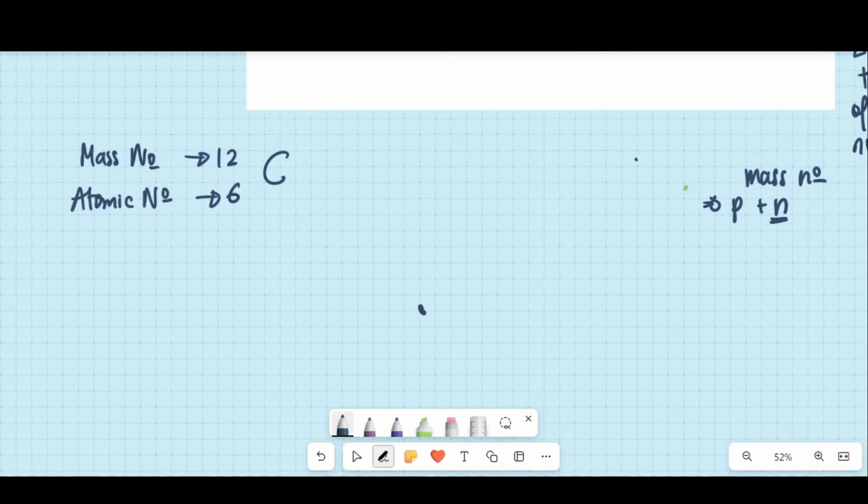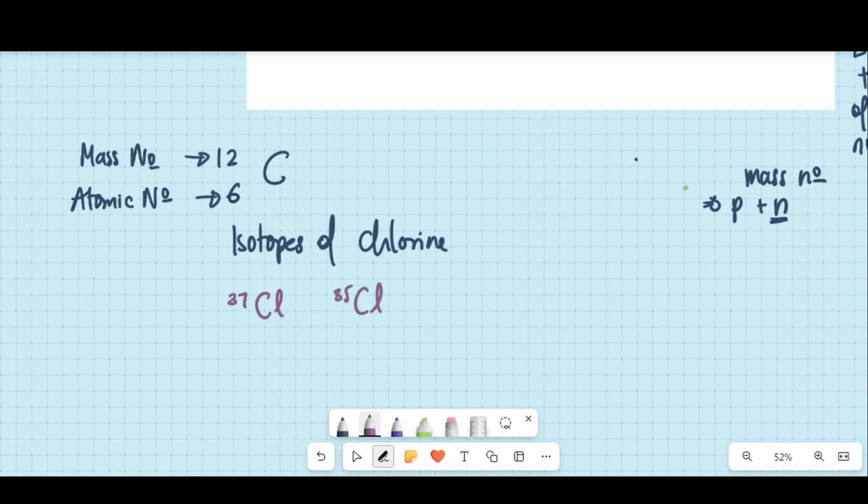If I write isotopes of chlorine, I can write Cl-37 and Cl-35. I could write the 17 here, but both have the same proton number of 17, so I don't really need to write it. To represent an isotope, you usually refer to them by their mass number.